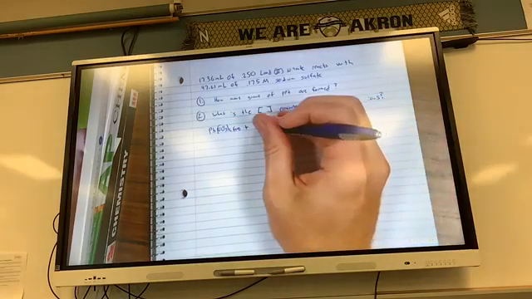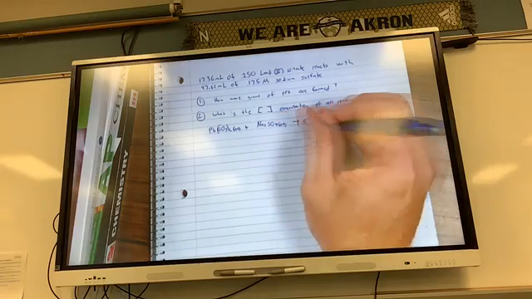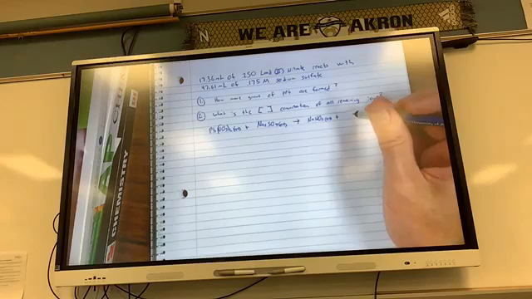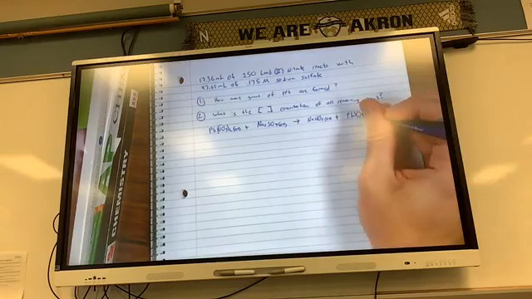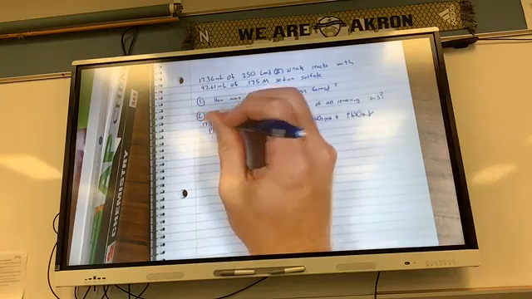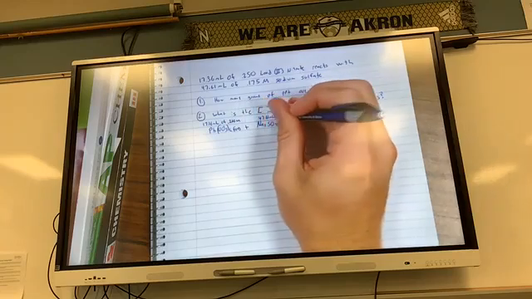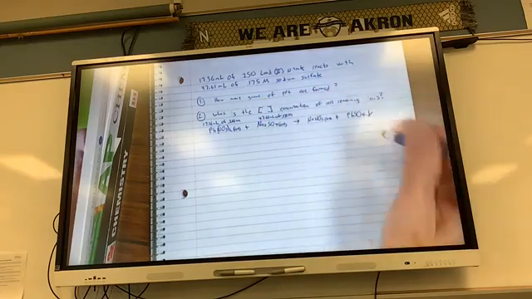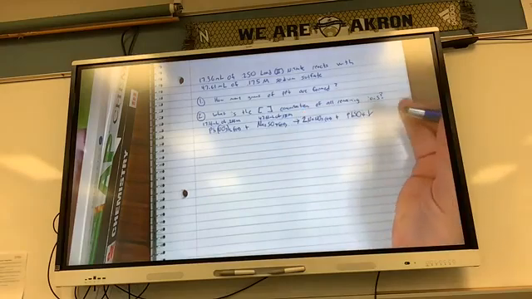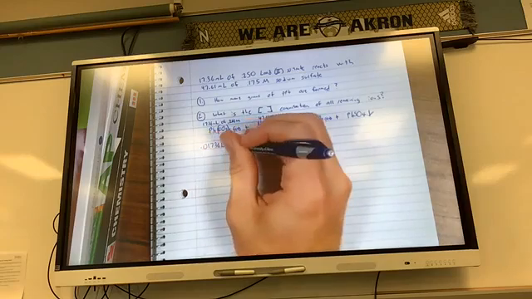Plus sodium sulfate. Plus two. Point 0. 6.